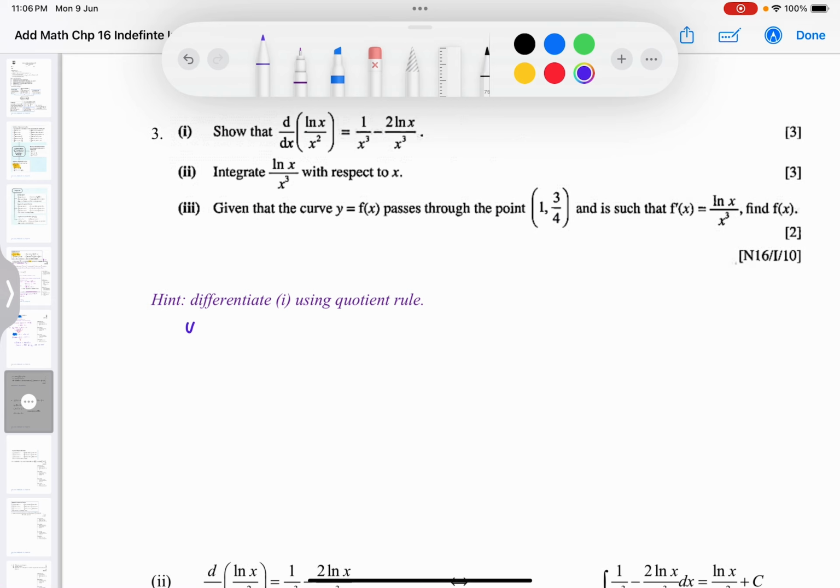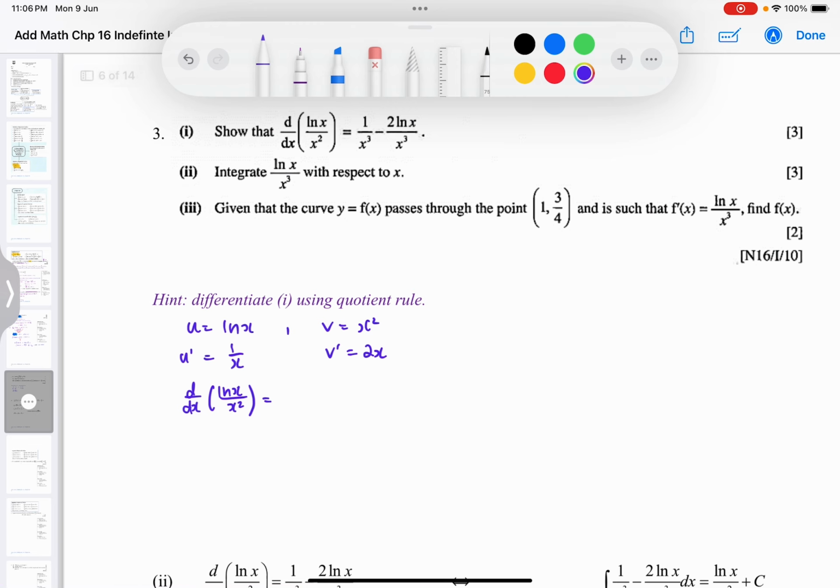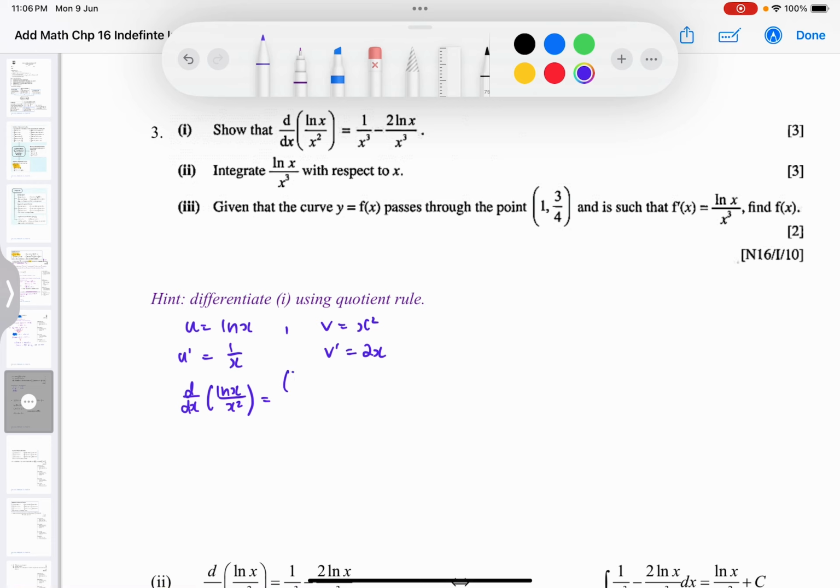Let u equal ln x and v equal x squared, then you find u prime to be 1 over x and v prime to be 2x. Applying our quotient rule, I will have du times v minus dv times u over v squared.